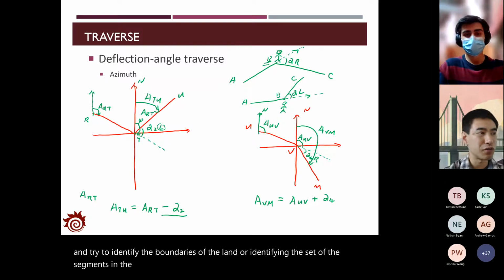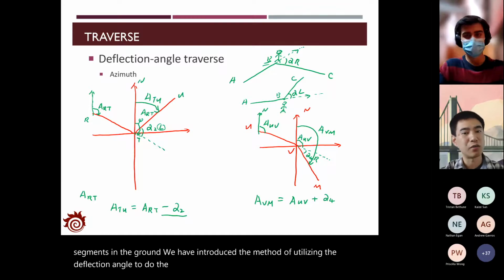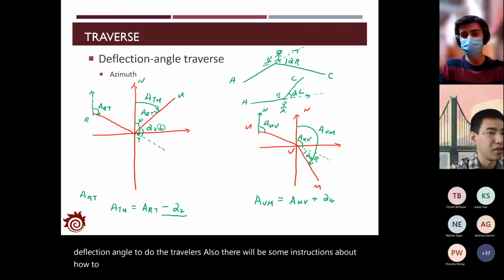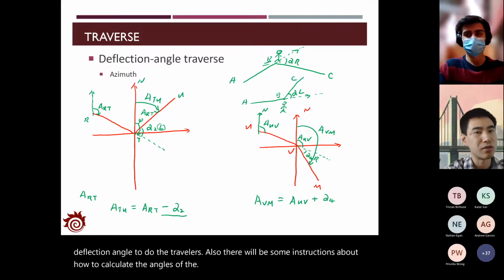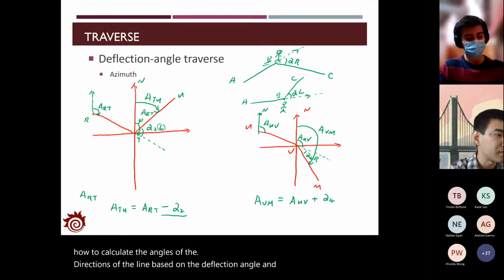We have introduced the method of utilizing the deflection angle to do the traverse. Also, there were some introductions about how to calculate the angles or directions of the lines based on the deflection angle and the azimuths of those lines.